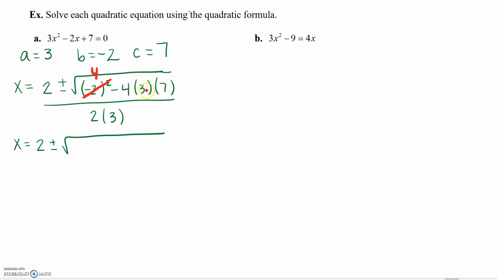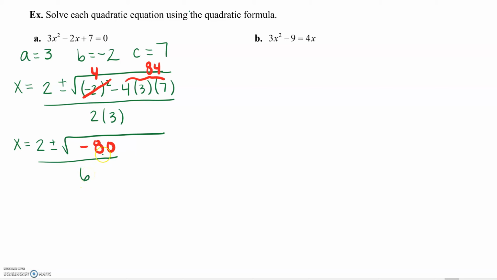When I see 4 times 3 times 7, I could do 12 times 7, but I could also do 21 times 4. And I think 21 times 4 seems a lot easier to come up with 84. If I simplify further, now I have 4 minus 84. So the inside of my square root is really negative 80, all over 6.